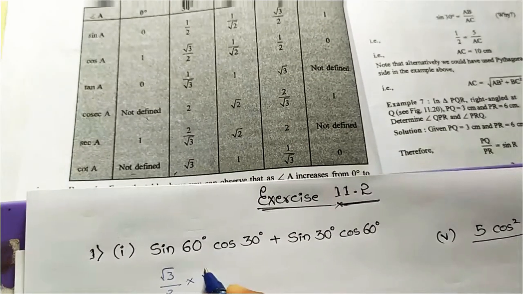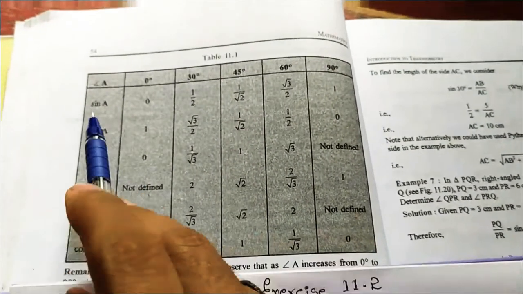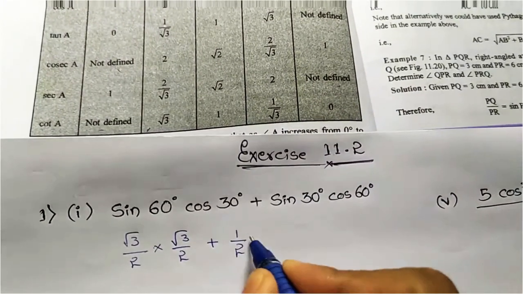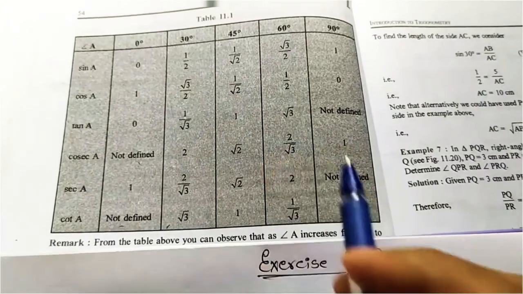Write it here, root 3 by 2, into cos 30, and cos 30 is root 3 by 2, plus sin 30, that is 1 by 2, into cos 60, and cos 60 is also 1 by 2.